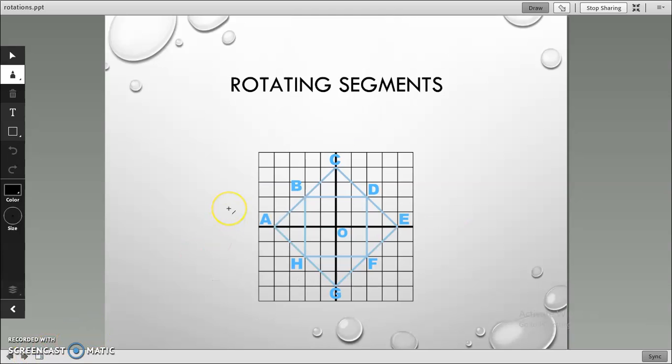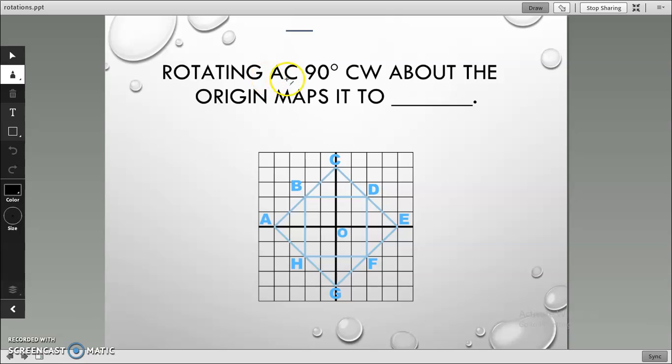All right, so rotating segments. Again, this is going to be off a little bit because of the 3D way that it looked, but we can also use our knowledge of our formula to help us. So it says rotating AC, and this is line AC, about the origin 90 degrees. So let's take A for example.